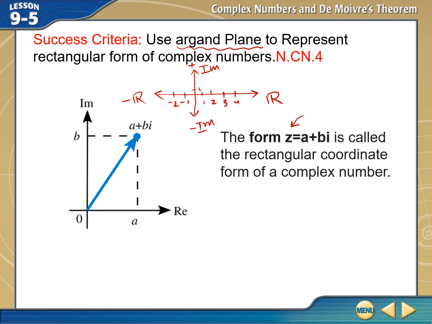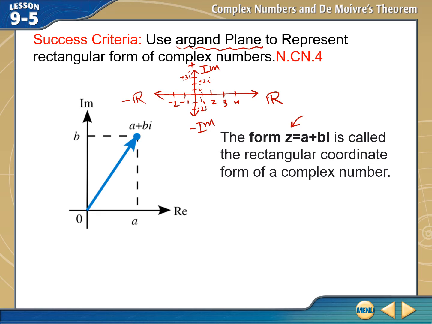So you can say +i, +2i, +3i above the x-axis, and -i, -2i, -3i would be below the x-axis.